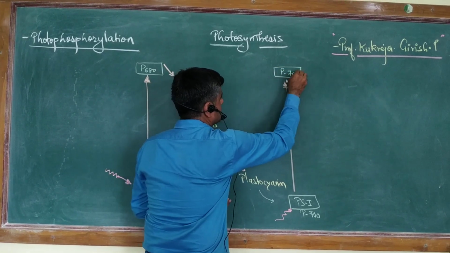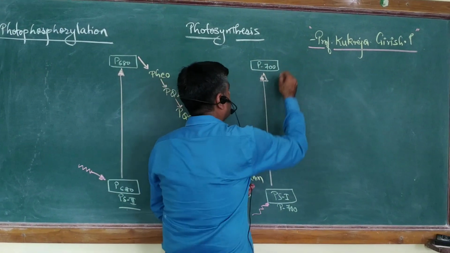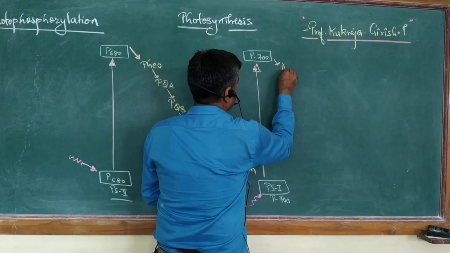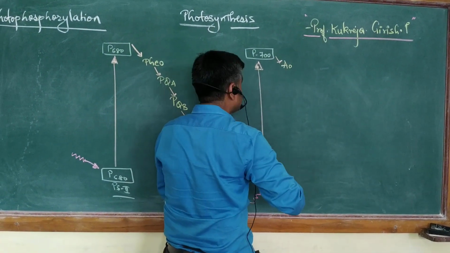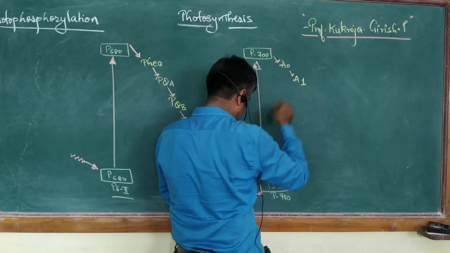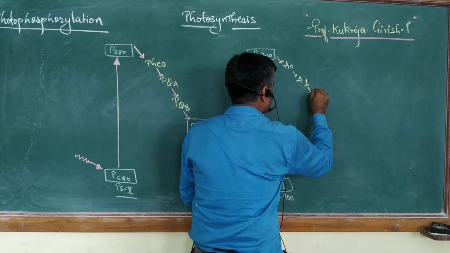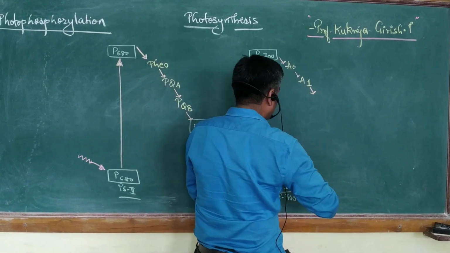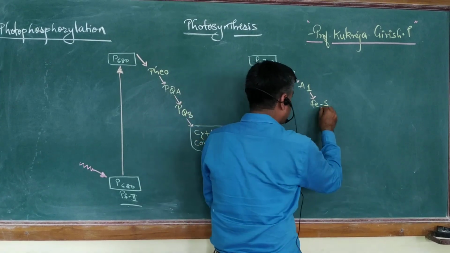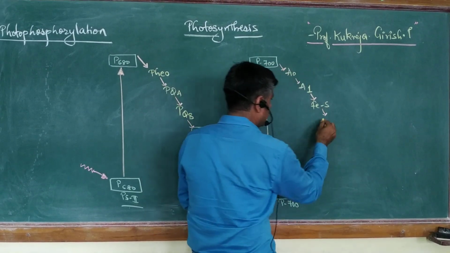And this P700 transfers the electron to various electron carrier intermediates like your A0, right? Then this goes to your A1, phylloquinone electron carriers. From here, this goes to your iron sulfur reaction center, that is your FeS. From this, it goes to the FD-NADP reductase.